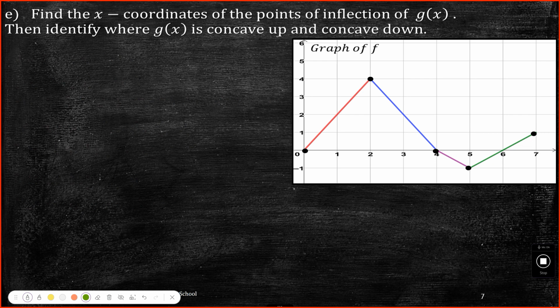So, what are the x coordinates of the points of inflection of g? 2 and 5. Why is it 2 and 5?